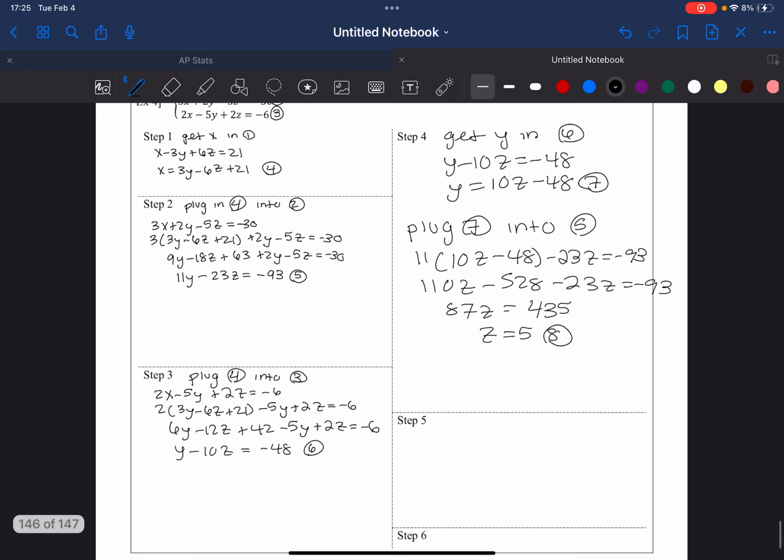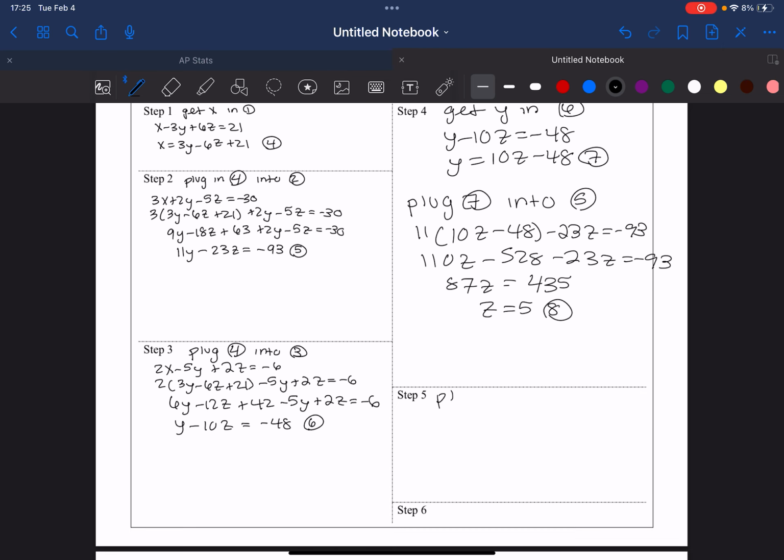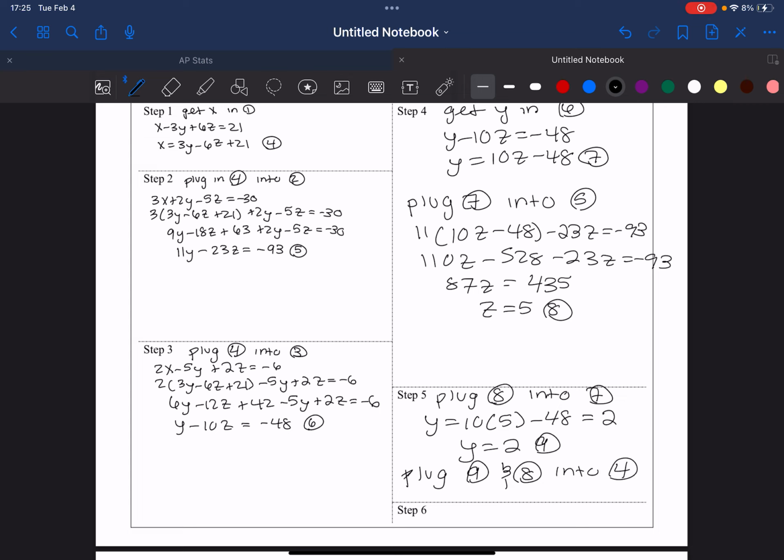So now that I have that, I'm going to plug 8 into 7. So y is equal to 10 times 5 minus 48, which is equal to 50 minus 48, which is 2. So y is equal to 2 is equation 9. And then I'm going to plug equation 9 and equation 8 into 4.